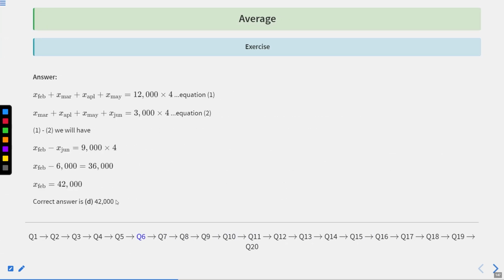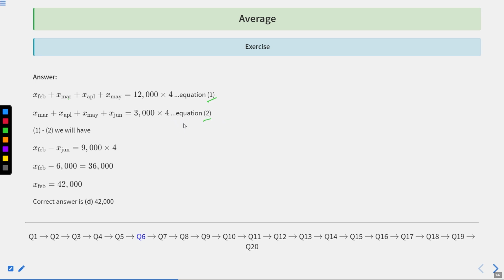So I can write it as: the sum of salaries during February, March, April, May is equal to 12,000 into 4, and I name it equation number 1. The sum of salary obtained during March, April, May, June is equal to 3,000 times 4. That is equation number 2.